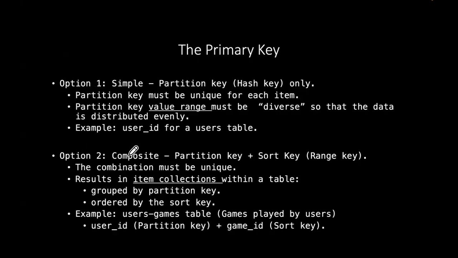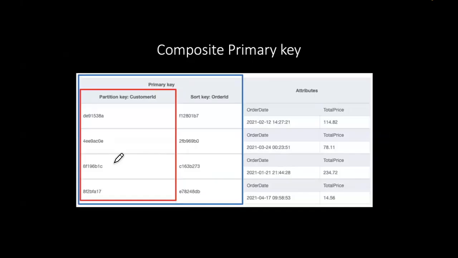What a composite primary key results in is what are called item collections in a table. Sorry for flicking back and forth, but if I go back to here, assuming customers make more than one order, then you're going to have a number of items, i.e. records in this table, that have the same customer number but a different order number. The set of items that have the same customer number, we refer to as an item collection.